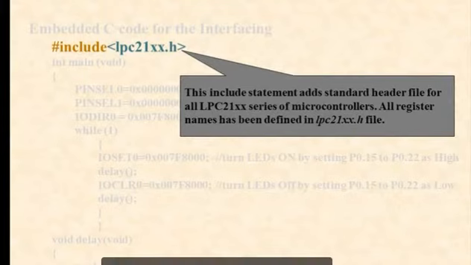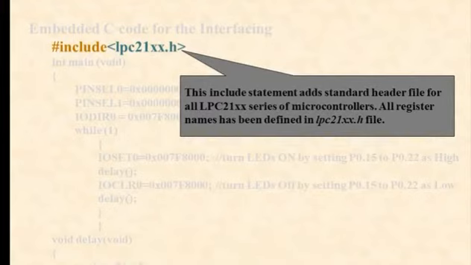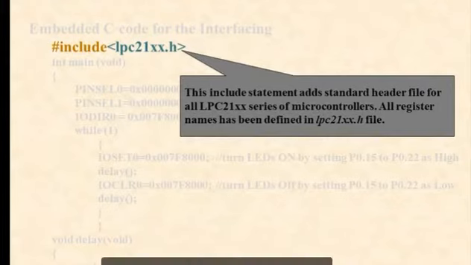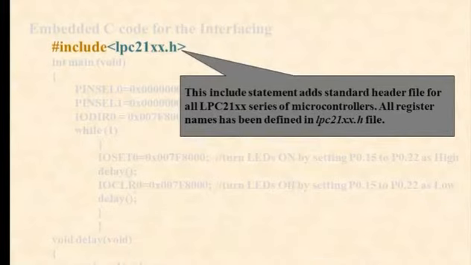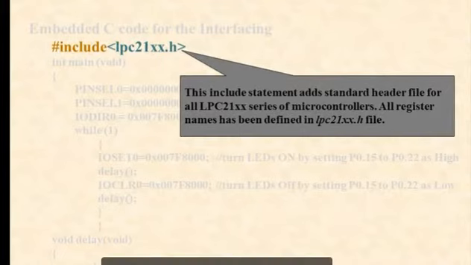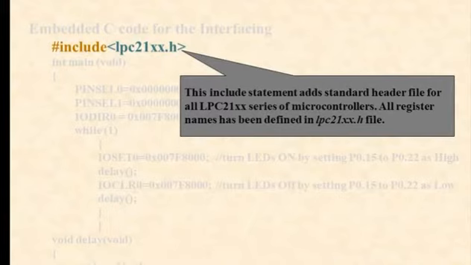If you write #include pic.h, then that embedded system is for the PIC microcontroller. If you write #include lpc21xx.h, then that embedded system is for the LPC ARM processor. So Keil is good software which is used for 8051 as well as LPC or ARM. So in an ARM processor, your first instruction is #include lpc21xx.h.